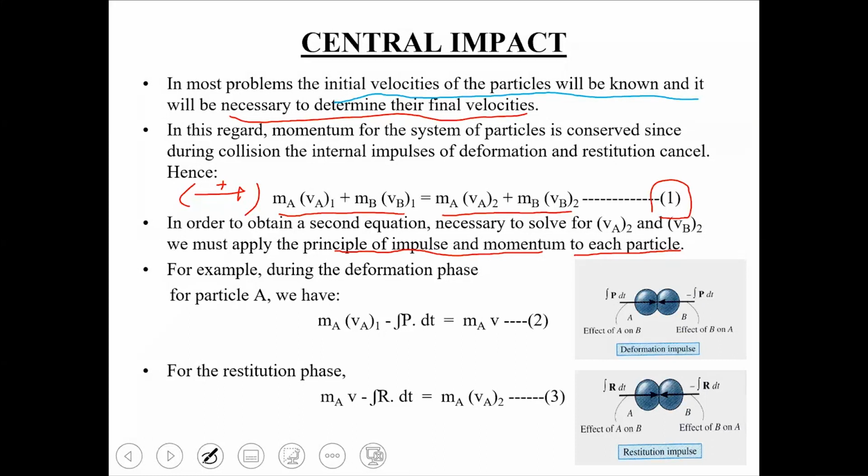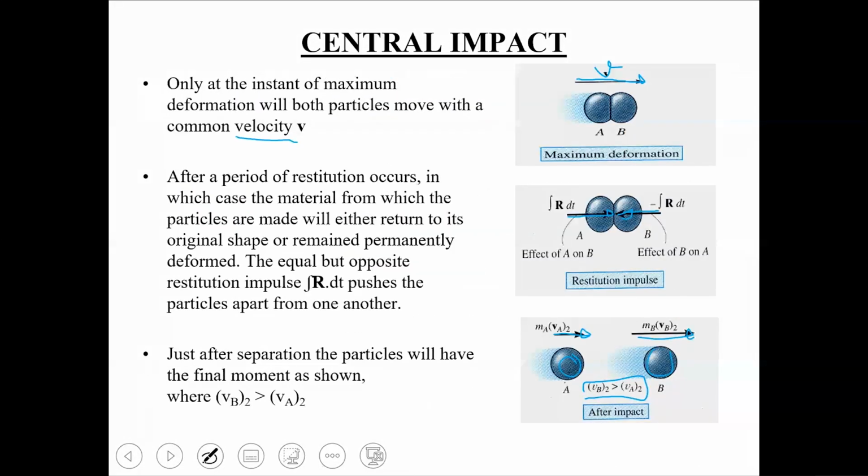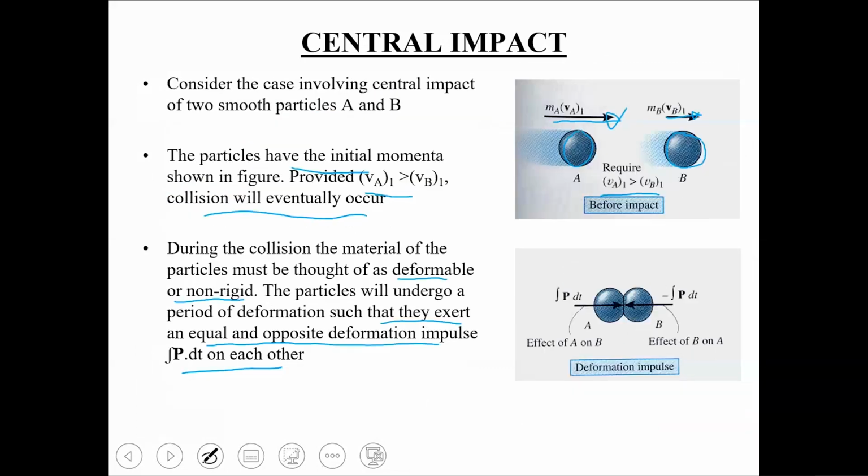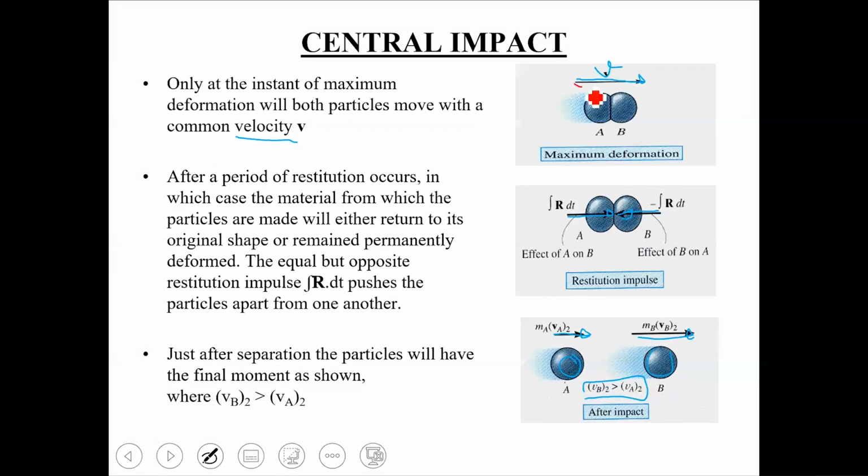कैसे? सबसे पहले let us consider particle A, and we are going to apply the principle of impulse and momentum on particle A during the deformation phase. Deformation phase क्या था कि deformation phase से पहले ये particle जो है वो इतनी velocity से move कर रहा था, फिर deformation phase आया, और इस deformation phase के बाद this particle A was traveling with a velocity v.